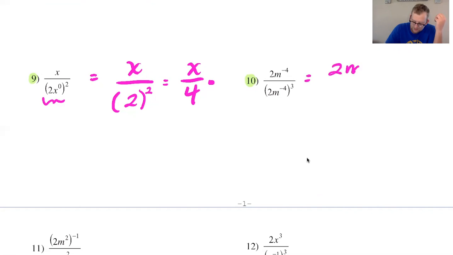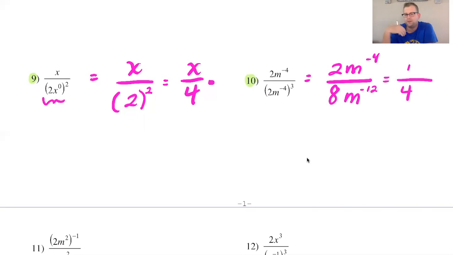All right, let's take a look here. So 2m to the negative 4 all over, well, I do have this cubed here. 2 cubed would be 8. m to the negative 4th times 3, that would be negative 12. 2/8 will reduce to 1/4. You don't need to write the 1 up top.